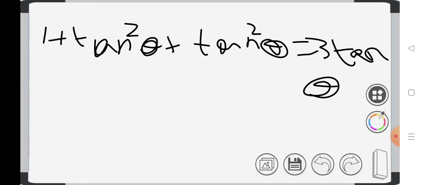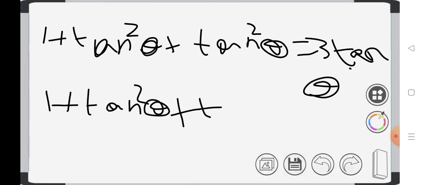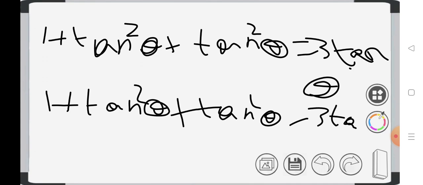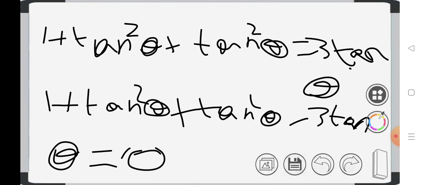Now here if you observe, you bring this 3 tan theta to this side. It will become 1 plus tan square theta plus tan square theta minus 3 tan theta is equal to 0.